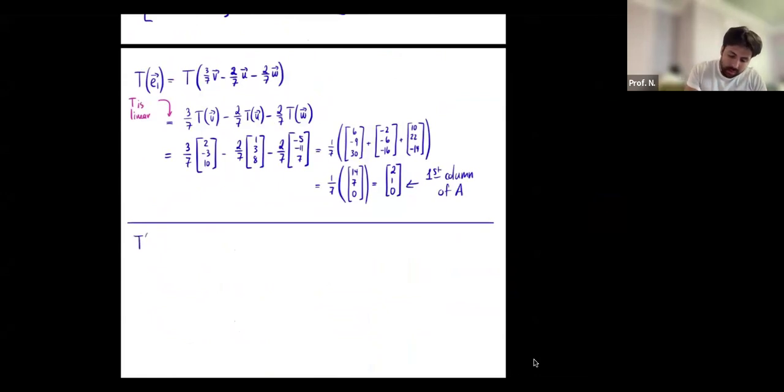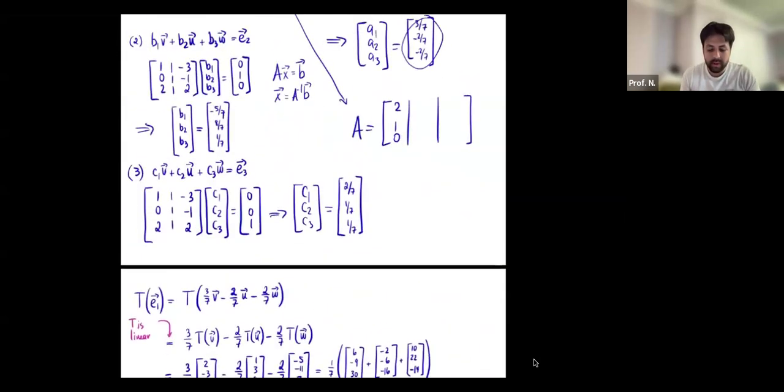Now what's T of V2? Same idea, right? But now I'm using a different coefficient.